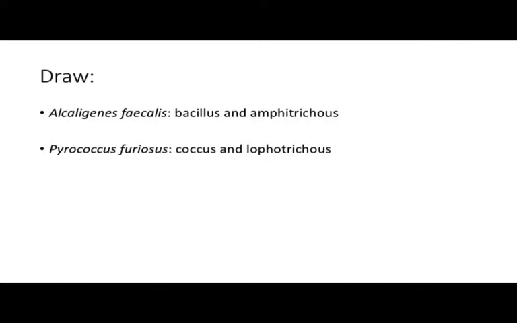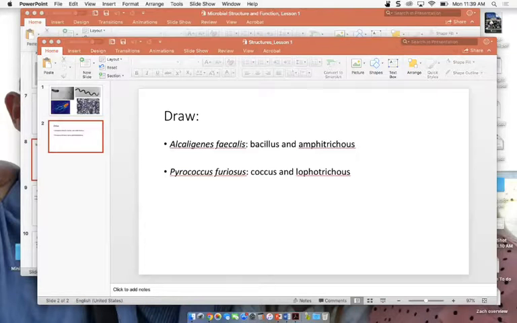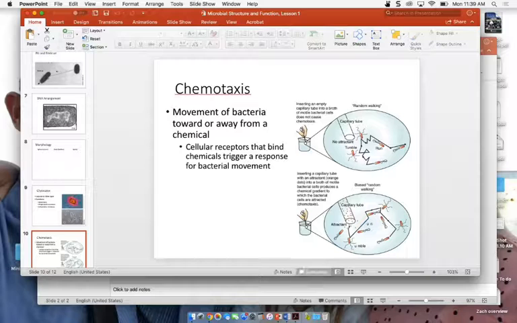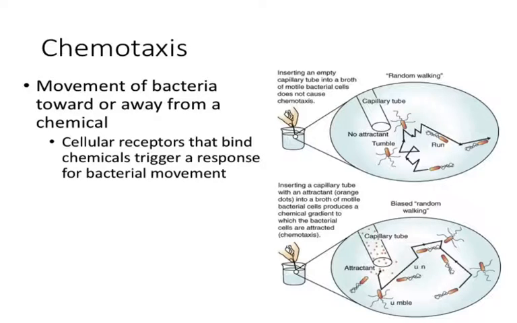So what do we mean by that? What we mean is that bacteria move towards increasing concentrations of chemoattractants and away from higher concentrations of chemorepellents. The process of movement is known as chemotaxis, movement towards or away from chemicals.